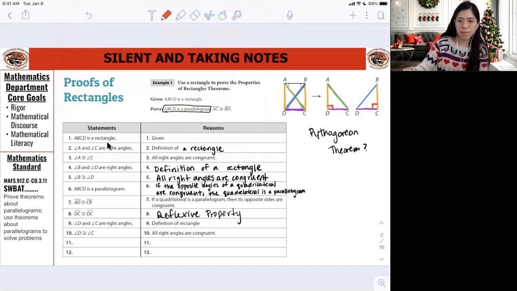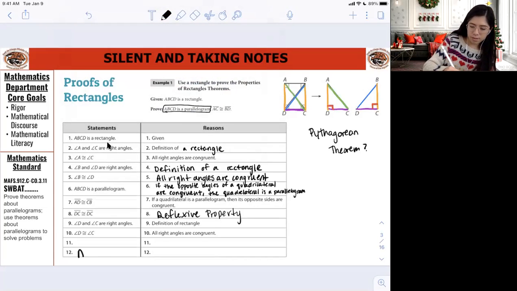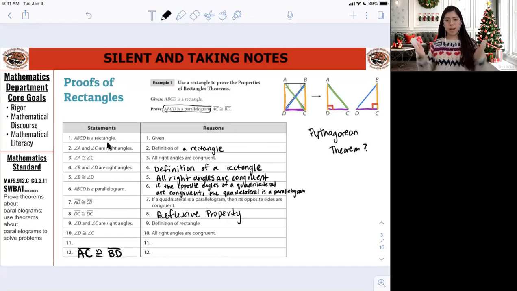What am I trying to prove again? Okay, I'm trying to prove that AC is congruent to BD. Well, before I prove that those sides are congruent, what should I prove? What can I prove now? What can I prove first? A, B, C, D. What about it?